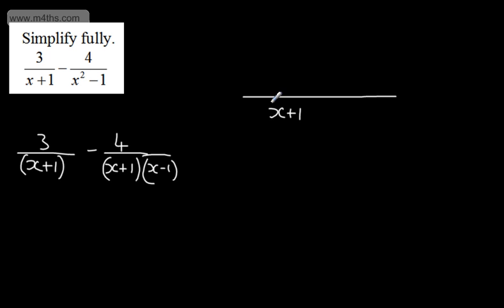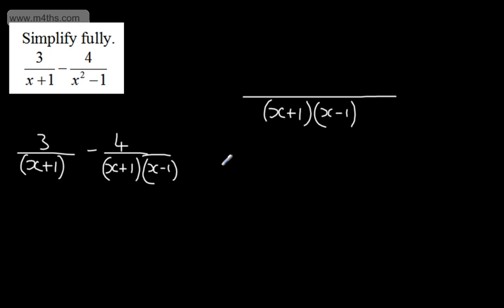Linear just means that we have x to the first power. 4 over, and factoring this, x plus 1, x minus 1. That means that the lowest common multiple, or the common denominator of this fraction, is going to be x plus 1 multiplied by x minus 1. That's the lowest common multiple of those.